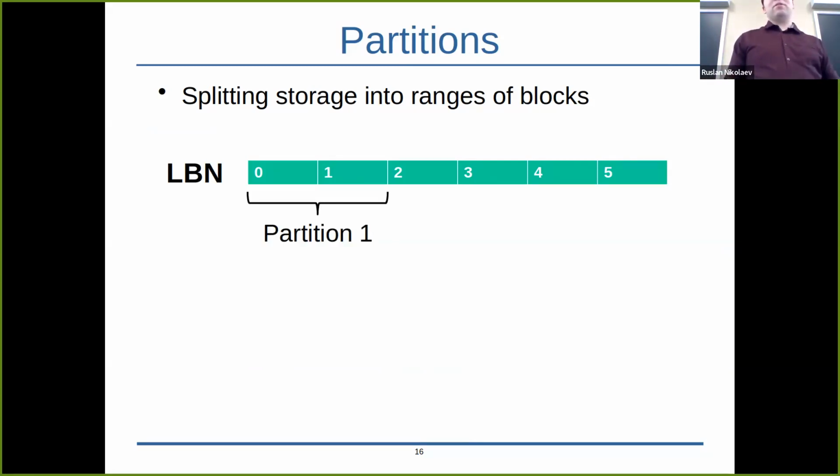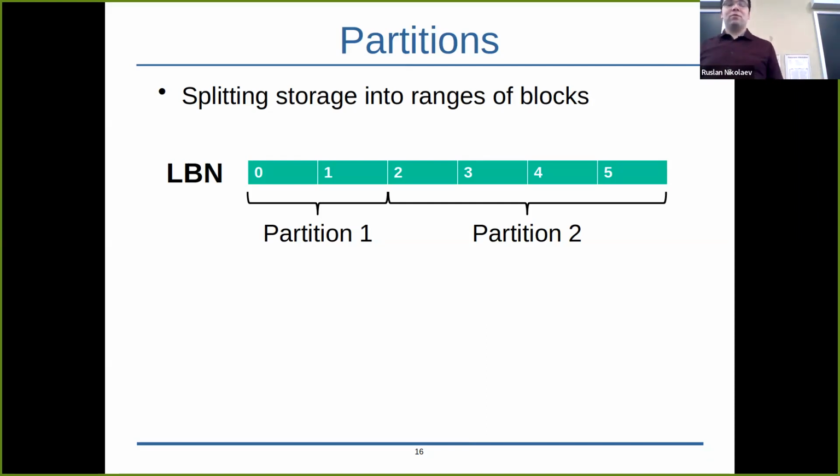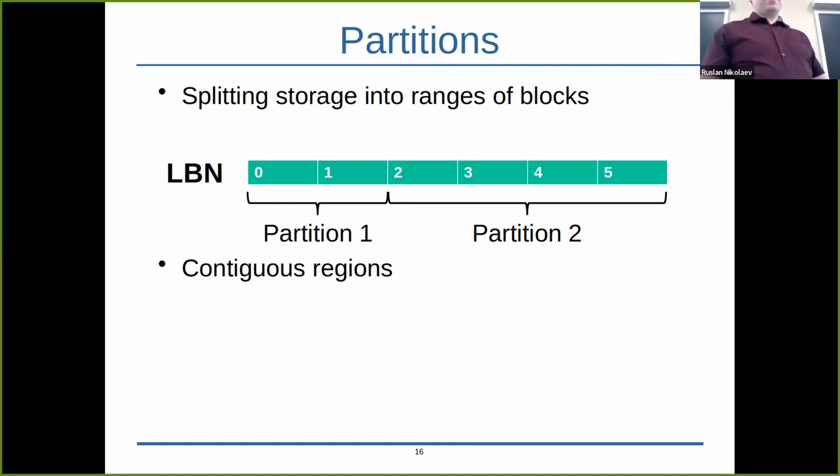You decide that block 0 and block 1 are going to belong to partition 1, and blocks 2 to 5 are going to belong to partition 2. Of course, your partitions are probably going to be much larger than a couple of blocks, but that's just an example. It should be a contiguous range of blocks.